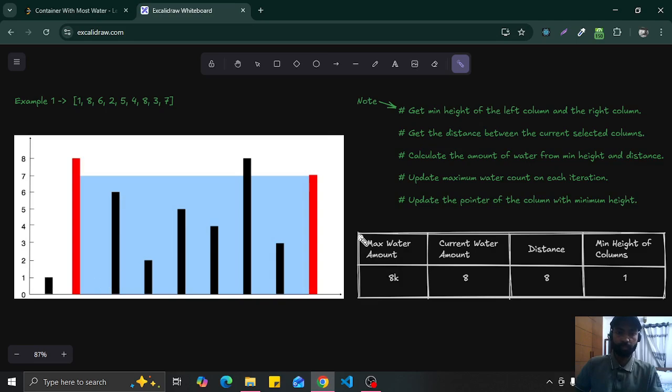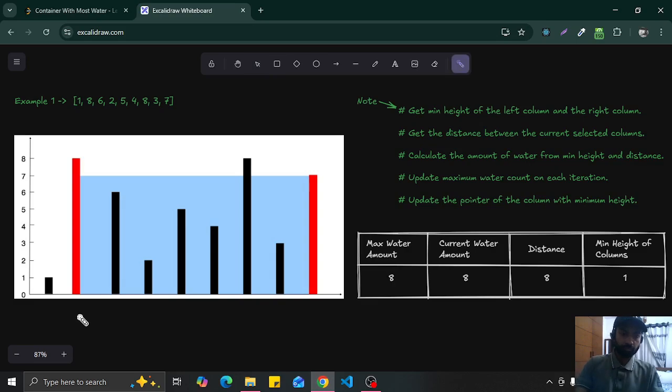So this is not going to be here. So we will always get rid of the lowest column. If we update the pointer of the leftmost column, it will land on this one, index number 1.